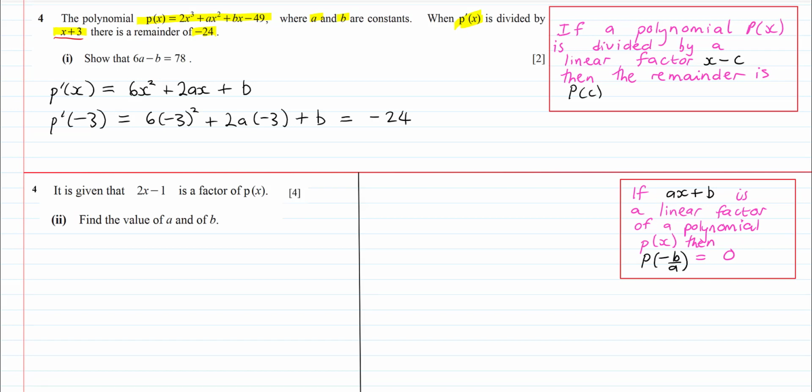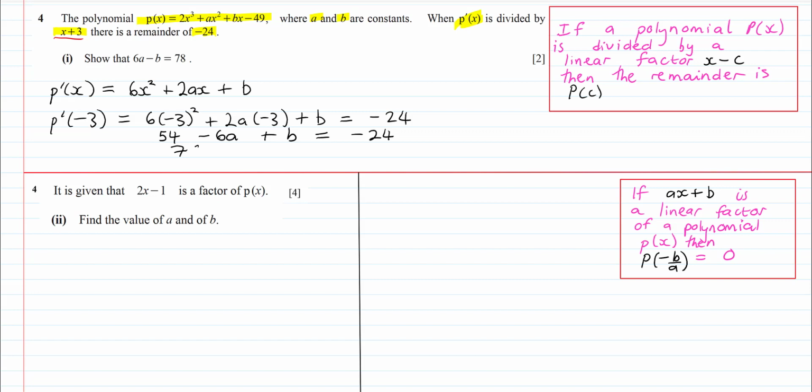Now simplifying this, 6 times negative 3 all squared is the same as 6 times 9, which is 54. And then 2a times negative 3 is negative 6a, so minus 6a, and then plus b is equal to negative 24. Just rearranging this, we'll take the negative 24 to the left-hand side, and the minus 6a plus b to the right-hand side.